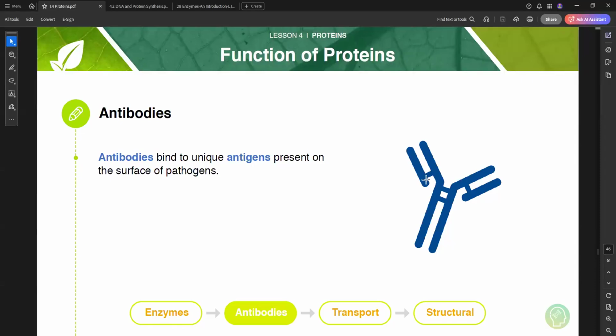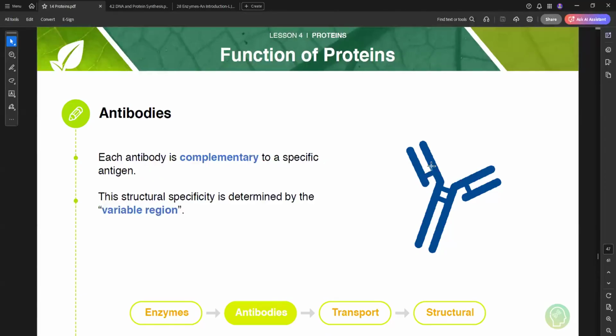If we change the primary structure of that protein by changing the base sequence in the DNA, that's going to impact the secondary, tertiary, and quaternary structure of the protein and change its function, potentially, unless it's a silent mutation. So we have a constant region and a variable region, and that's the part that hooks onto our antigens. That gives specificity to the protein.